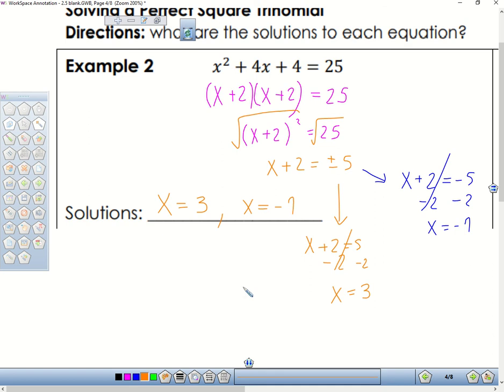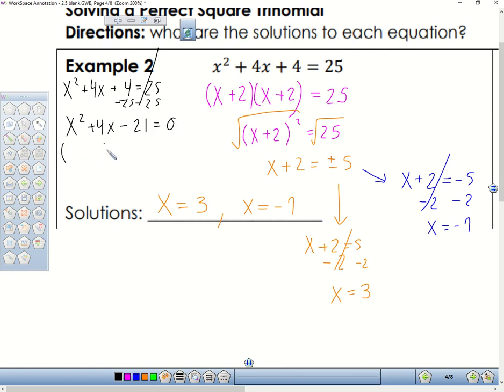So you were right. You can find solutions using another method as well. You said to subtract the 25 on both sides. So I am just going to quickly show you that another way you could have done this, which isn't what we're trying to talk about right now, but you could have subtracted the 25 from both sides, and you get x squared plus 4x minus 21 equals 0.